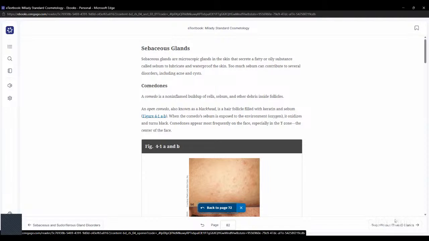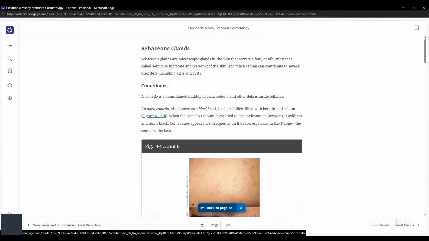They may have ingrown hair, so the esthetician or cosmetologist would need to remove the ingrown hairs. In removing that, you'll find there's comedones in those areas where sebum, oil, sweat, and dirt has built up. Wherever there's hair, there's a possibility of comedones.